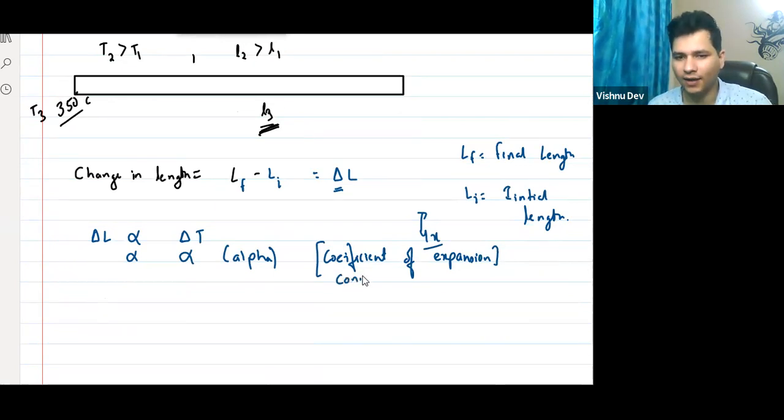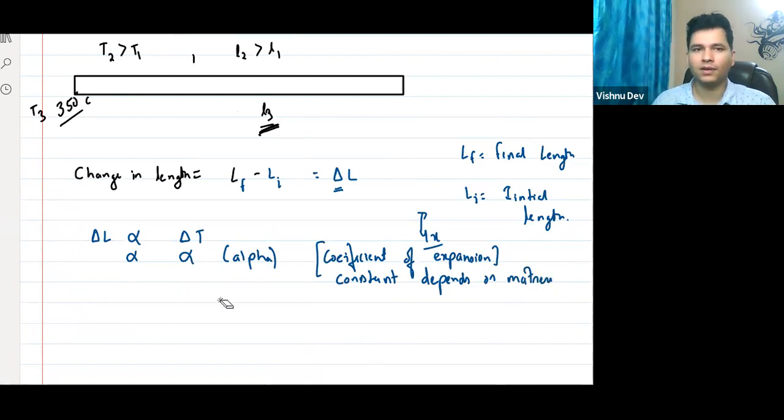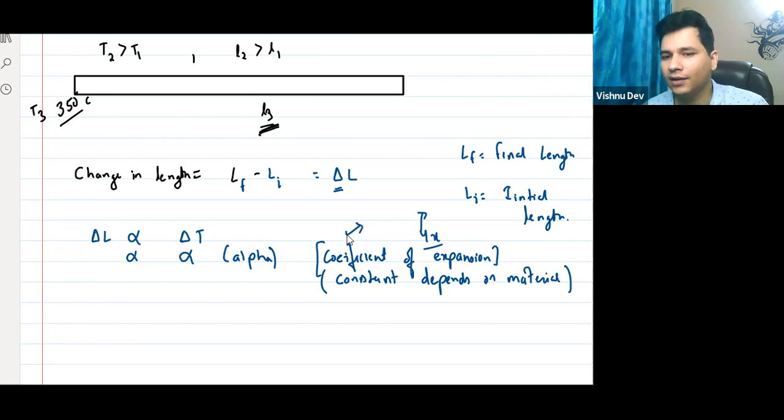Alpha is a constant, right? And it depends on what? Tell me. I just said it depends on material, yes or no? I am talking about alpha. Alpha is the name. What do we call it? That is the coefficient of expansion. What does it depend on? It depends on the material, right? Got it? Think about it. Raise your hand till all of you got this.